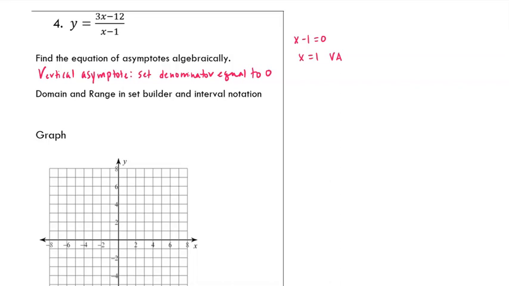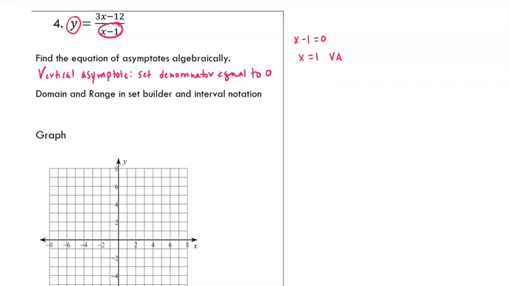Okay, now the horizontal asymptote. Notice that in order to find the vertical asymptote, we isolated y. Okay, and then we had x on the other side, on the right-hand side of the equation. And then we took that denominator and set it equal to 0.